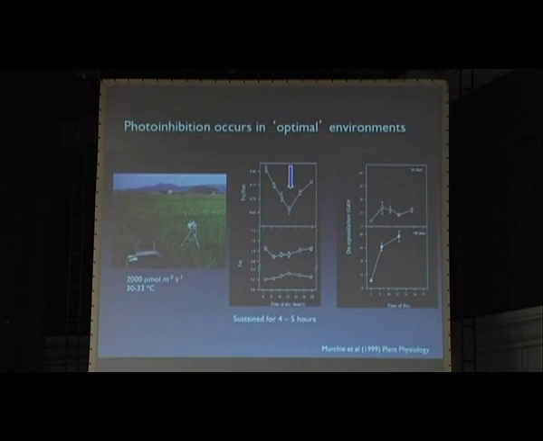So we measured photoinhibition using a technique called chlorophyll fluorescence, a very commonly used technique now, which measures the emission of light from chlorophyll. The emission of light from chlorophyll competes with photosynthesis itself and a number of other processes. So by measuring the efficiency of the re-emission of light from chlorophyll, this is a reflection of the efficiency of photosynthesis. We measure this parameter called Fv/Fm.